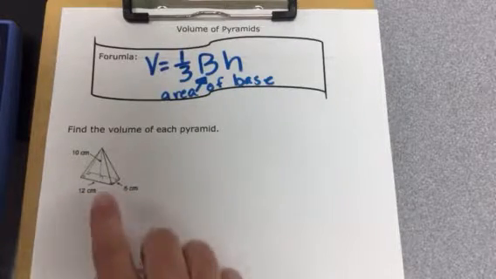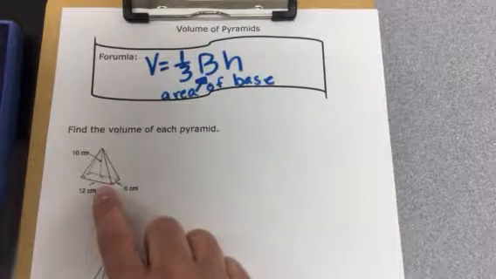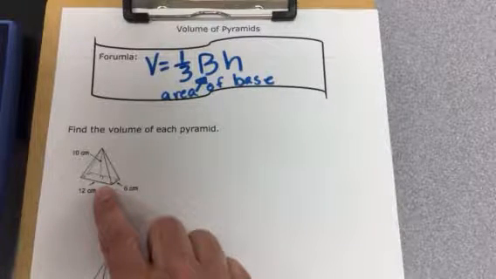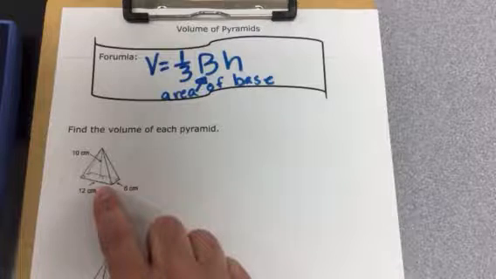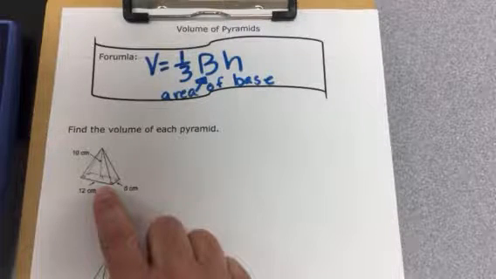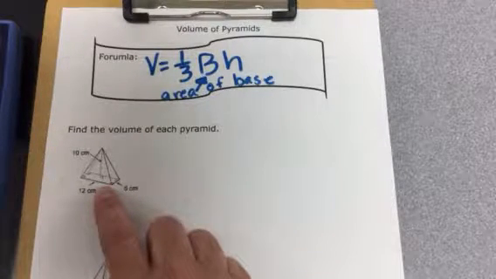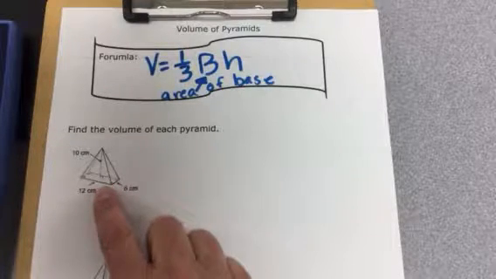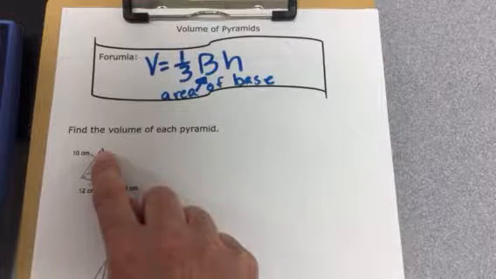So we'll look at our shape and determine what shape we have. Now, notice on a pyramid, you only have one base, and it sits on the bottom. So the base is a little bit easier to identify on a pyramid because there is only one base. The other end will go to a point.